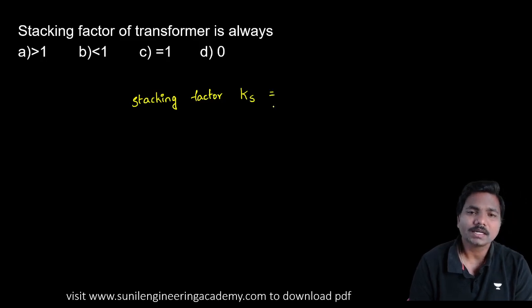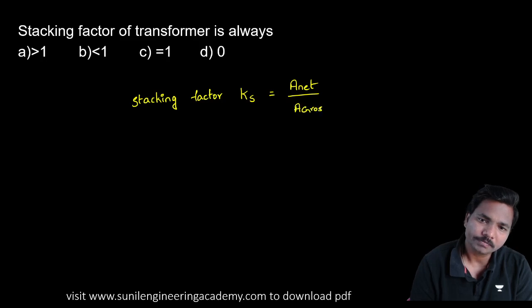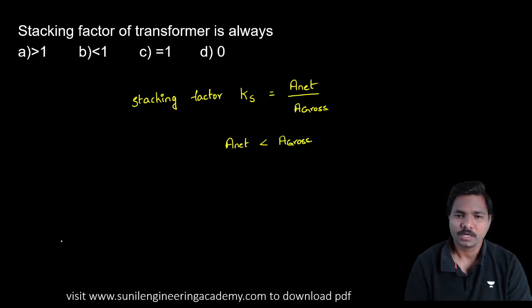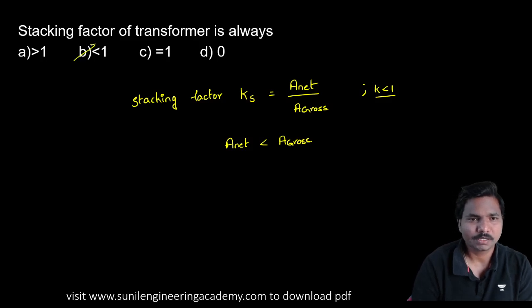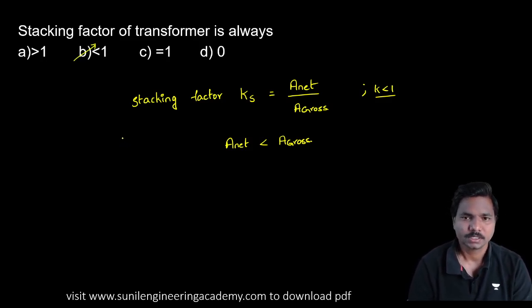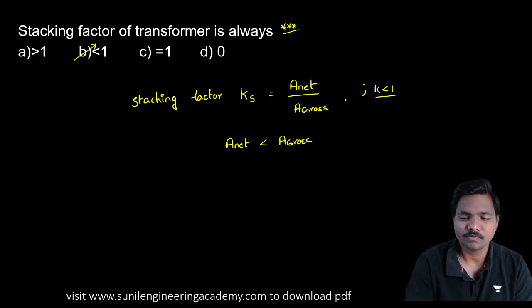It is the ratio of the net cross-section area of the transformer to the gross cross-section area. We know very well the net area is always less than the gross. So Ks is always less than 1, and the answer is option B. Very important question, guys. Ks is always less than 1.